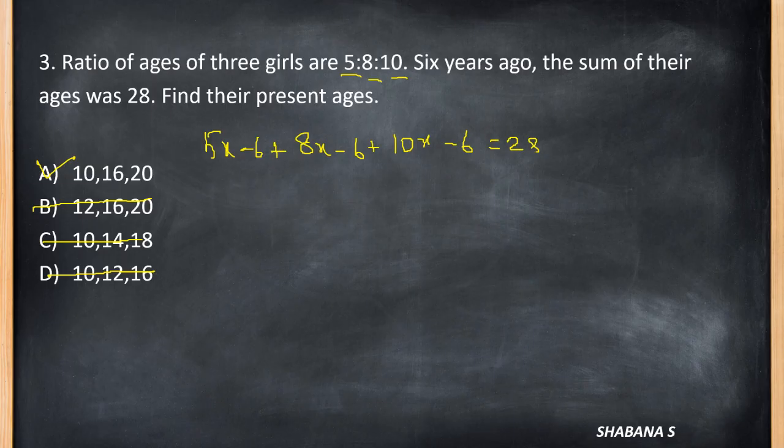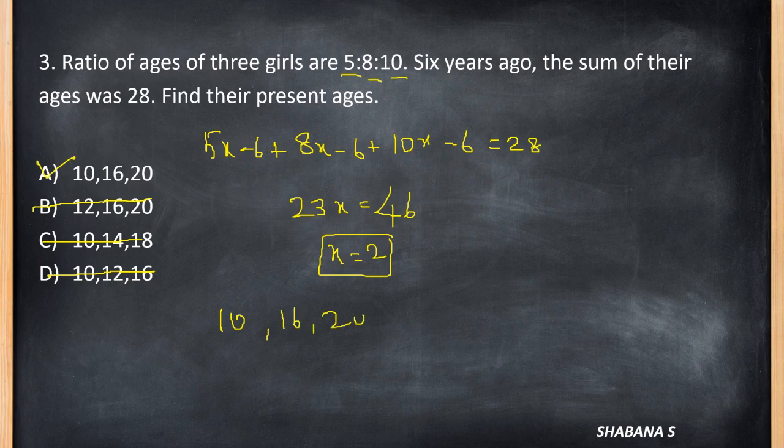So simply, you equate this equation, 23x should be equal to 28 plus 18, which is 46. So the value of x will be equal to 2. So if x is equal to 2, 5x is 10, 8x is 16 and 10x is 20. So naturally option A is your answer.